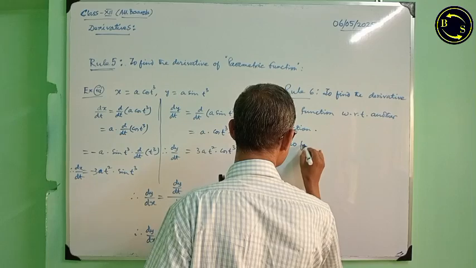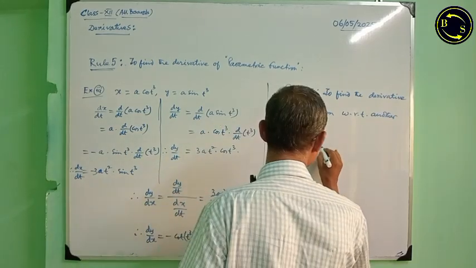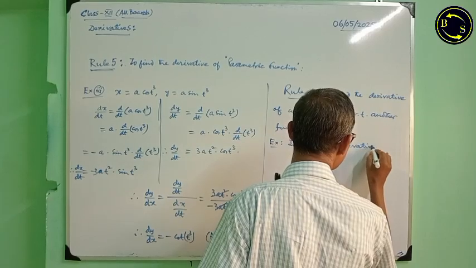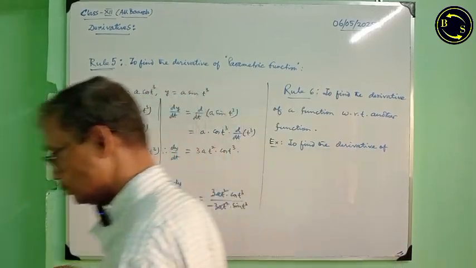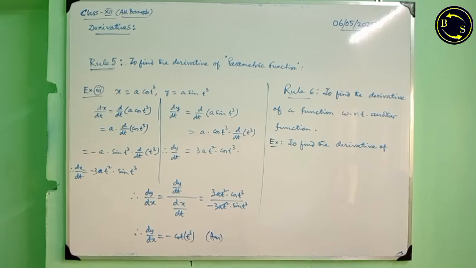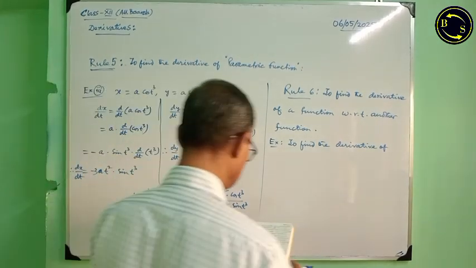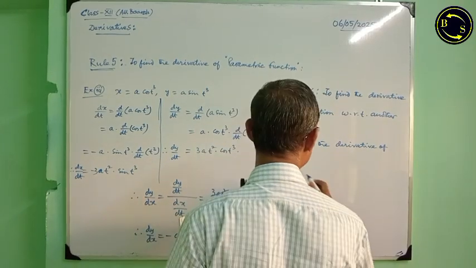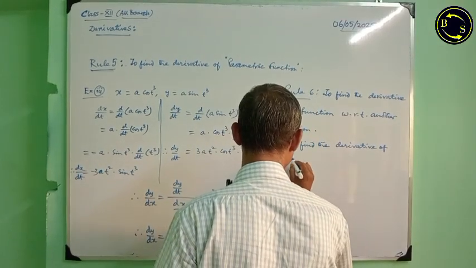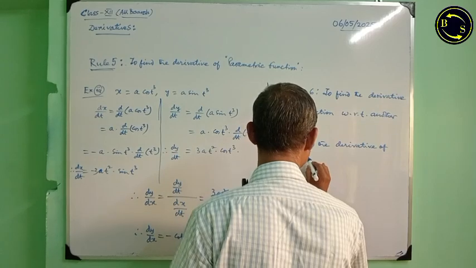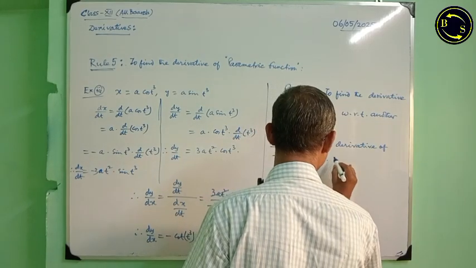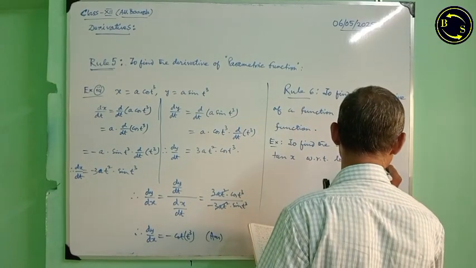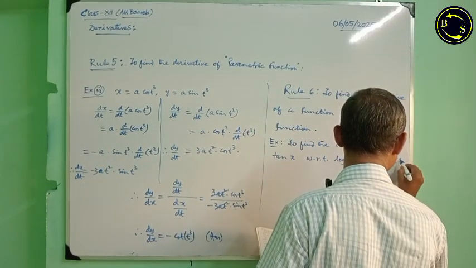To find the derivative of tan x with respect to log x, where 0 less than x less than pi by 2.